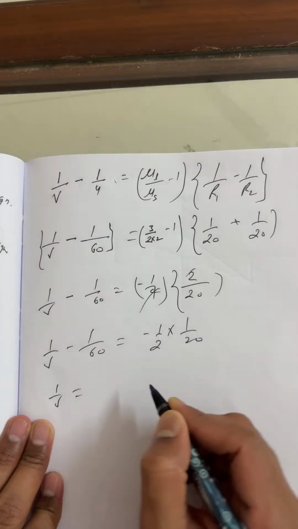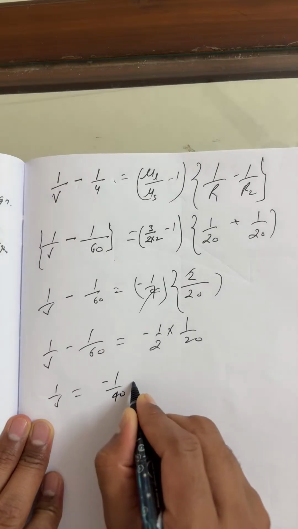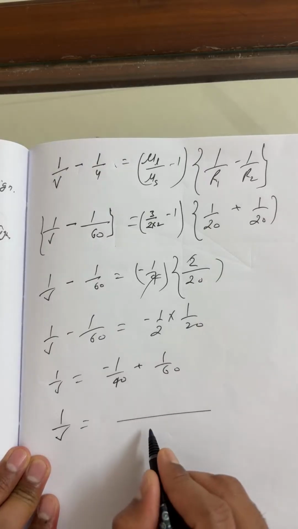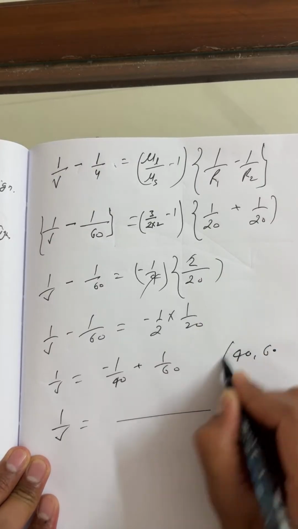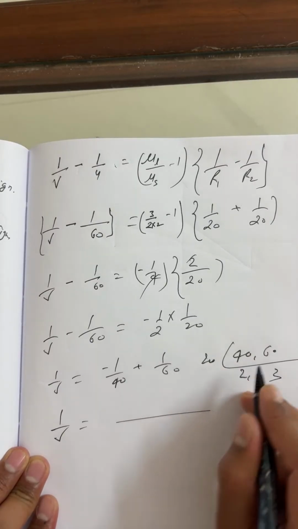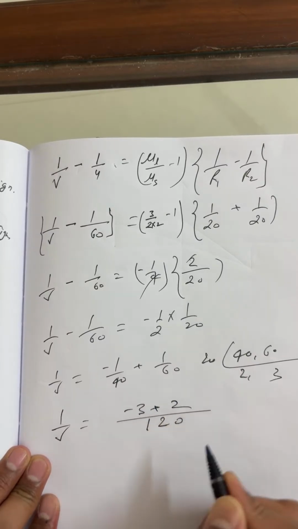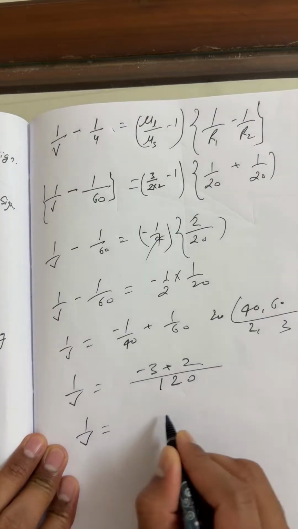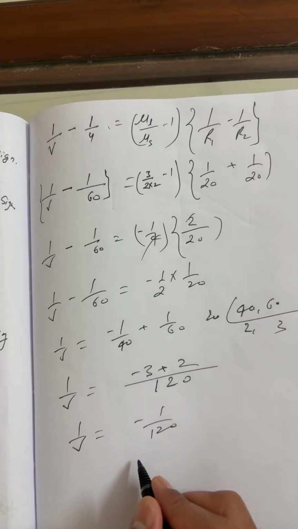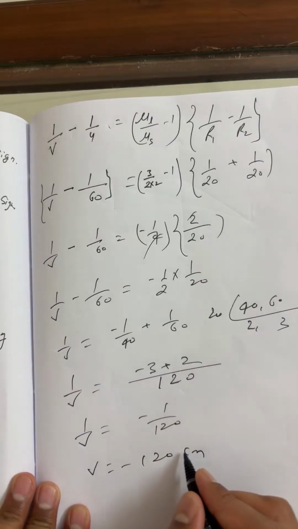So 1 by V finally is minus 1 by 40 plus 1 by 60. Take the LCM of 40 and 60, which is 120. So this is 120 minus 3 plus 2, so you will get 1 by V equal to minus 1 by 20. So what's the image distance here? We get V equal to minus 120 centimeter.